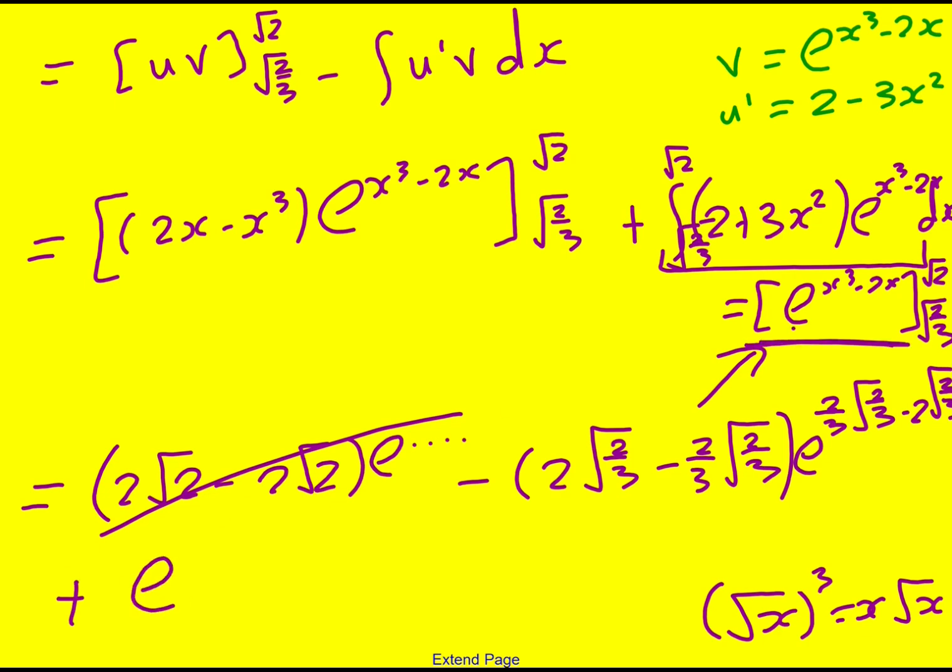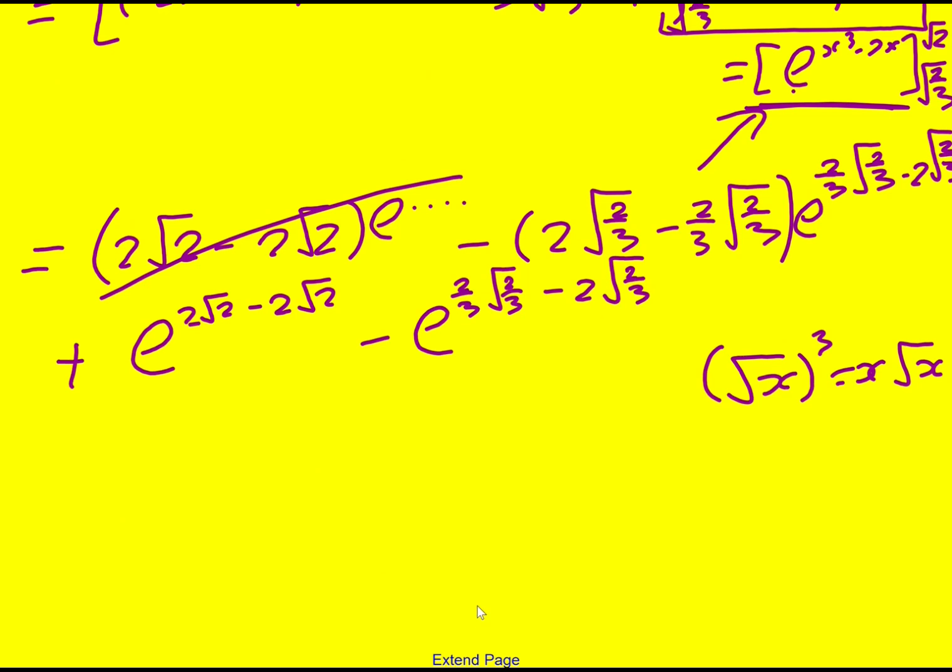So e to the 2 root 2 minus 2 root 2, then minusing e to the 2/3 root 2/3 minus 2 times root 2/3.